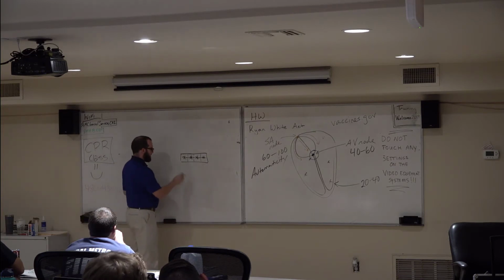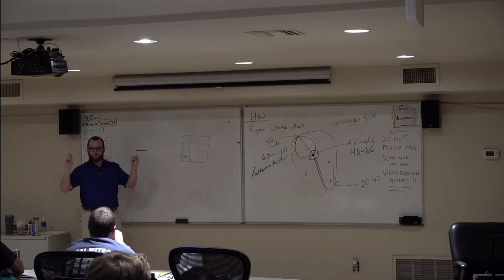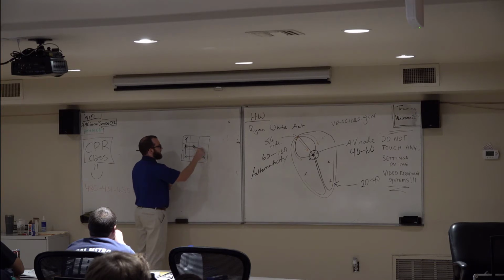If we added some extra layers and said that cell fires first, it's going to trigger the cells touching it to fire. Those are going to trigger the other ones to fire, which then triggers that one.